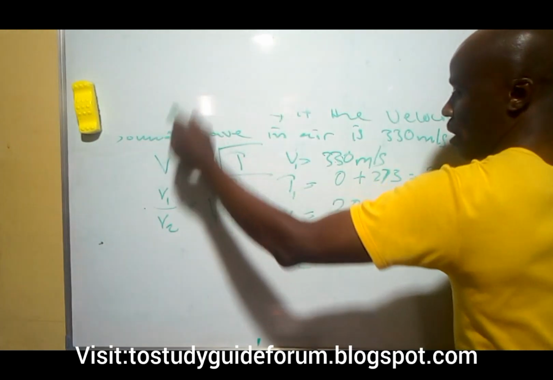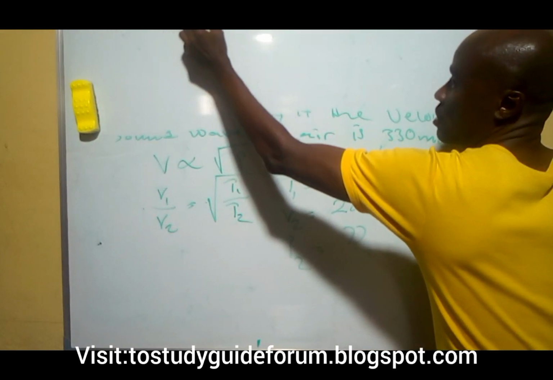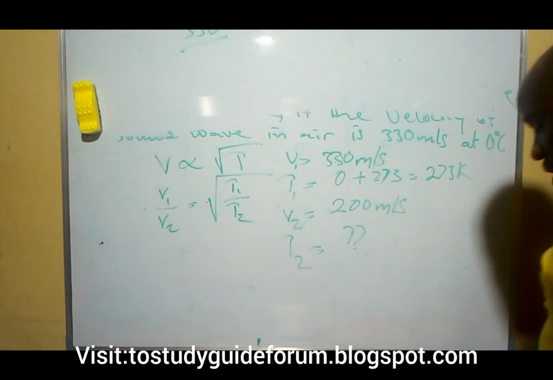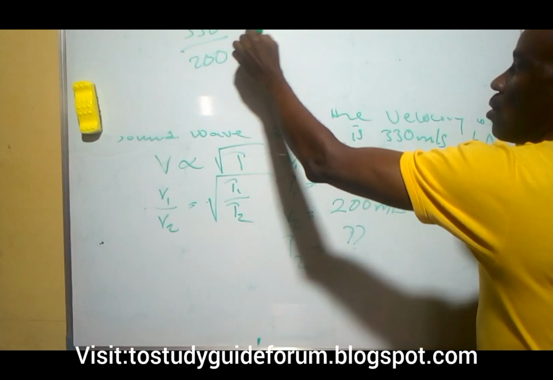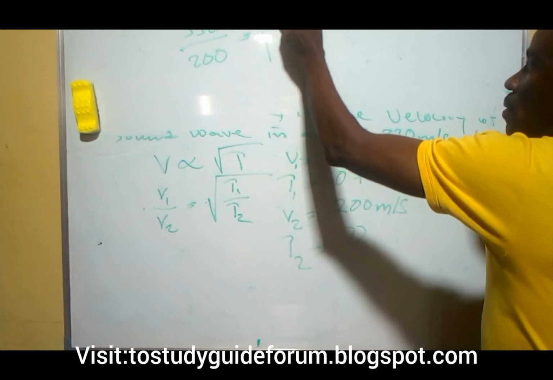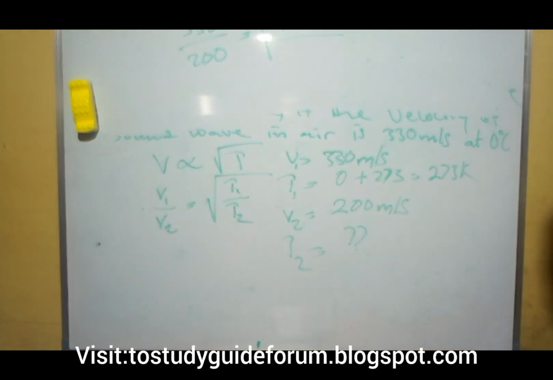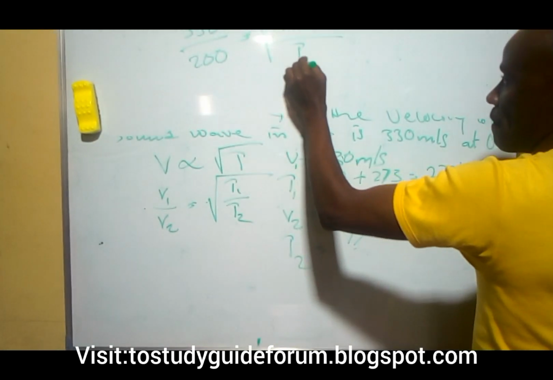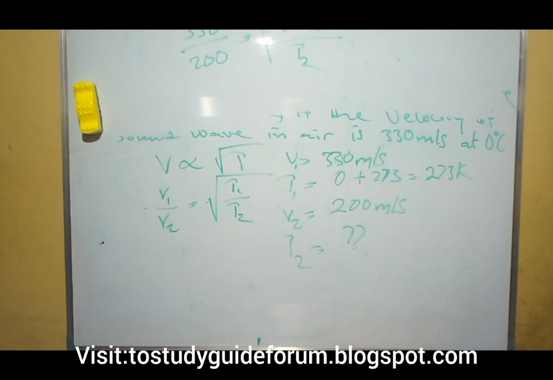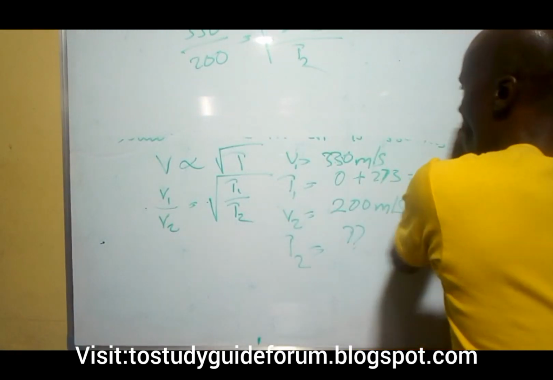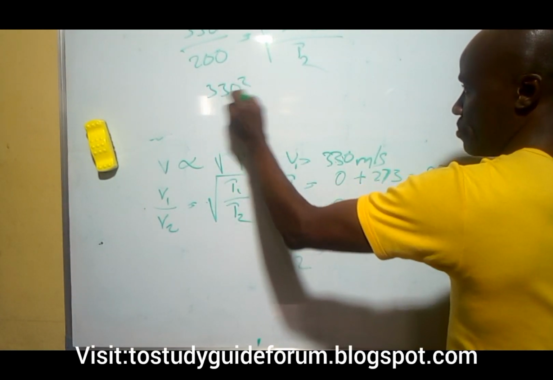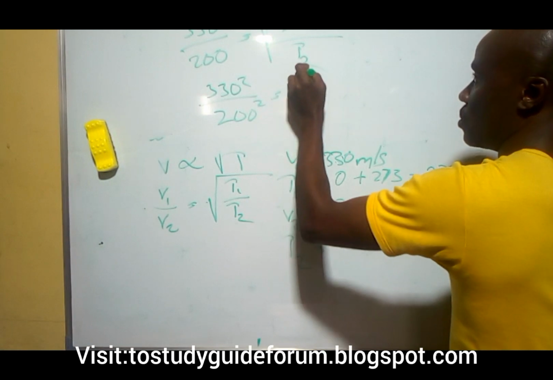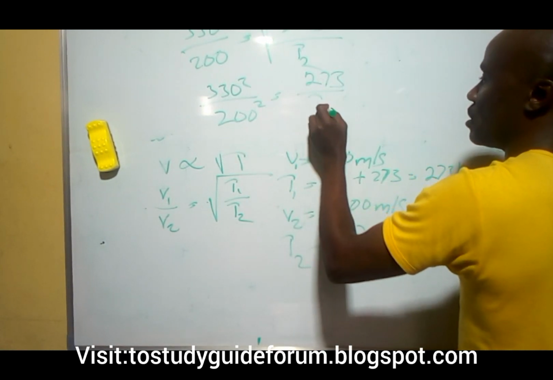We have the first velocity over the second velocity, which is 200 meters per second, equal to the temperature, and then the temperature we're looking for. Now, if you open this bracket, that will be 200 squared equal to all over T2.